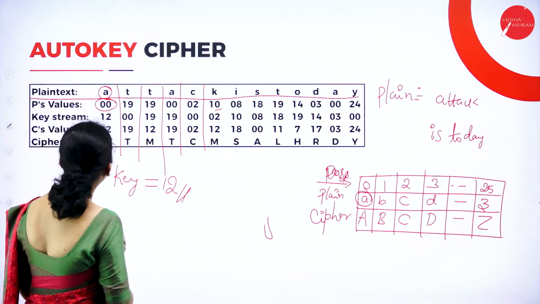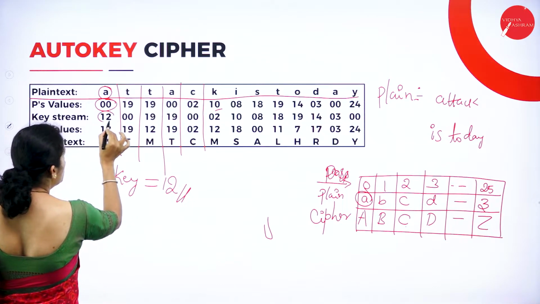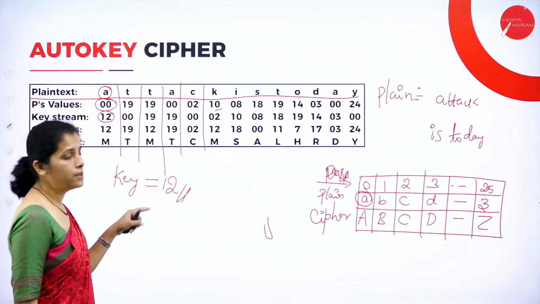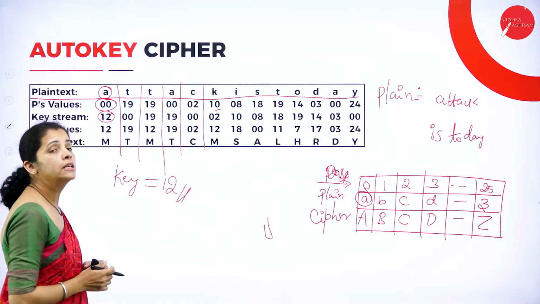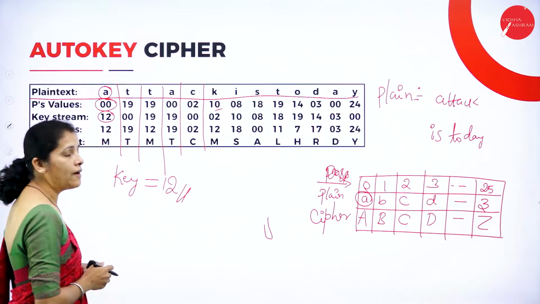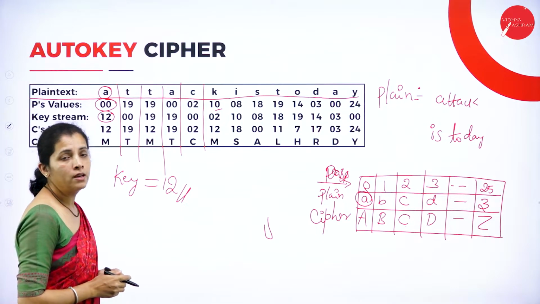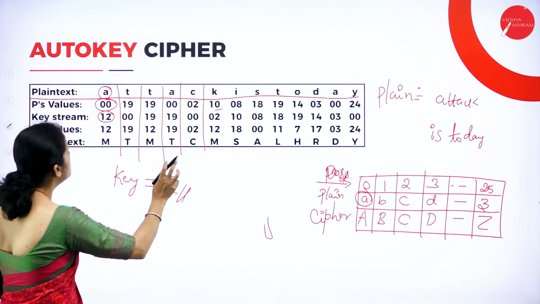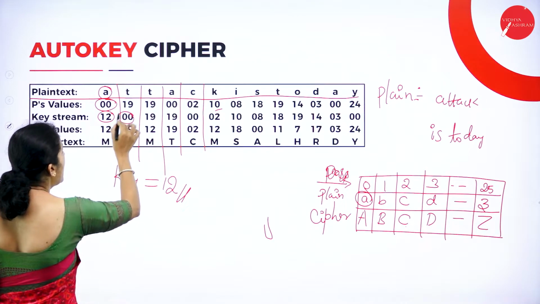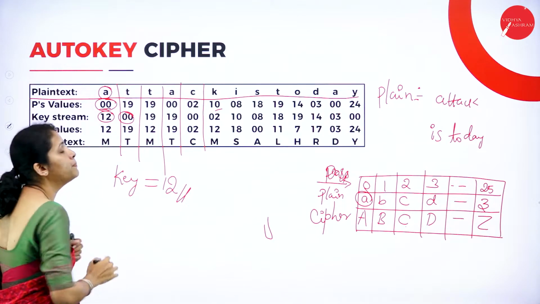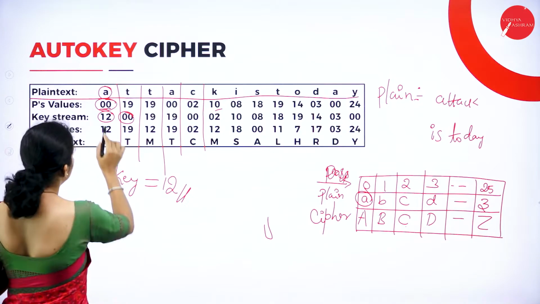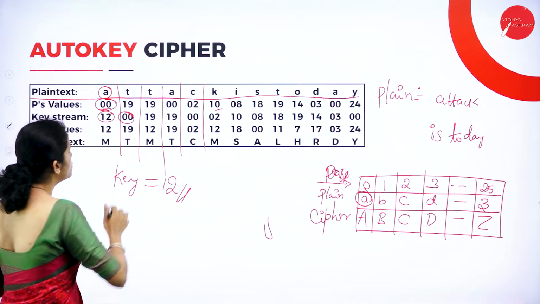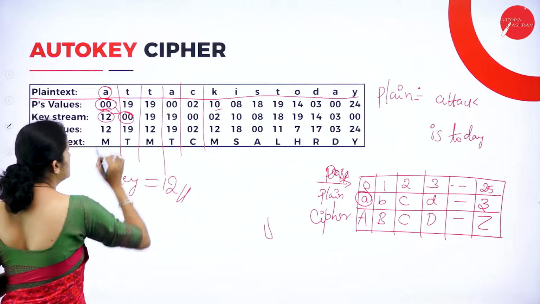So at the beginning, I want to place that key. So I'm going to place key value 12. After that, according to the formula, I want to consider my next key as my first plain text position. So here I'm having 0. So this is my next key.